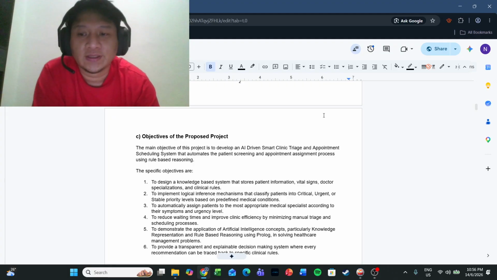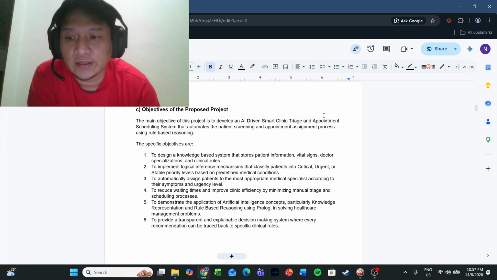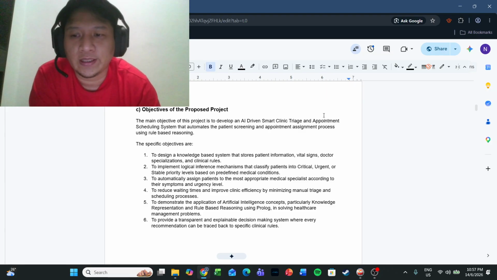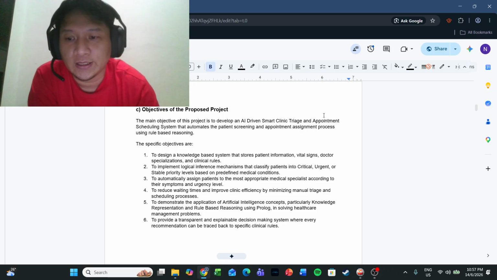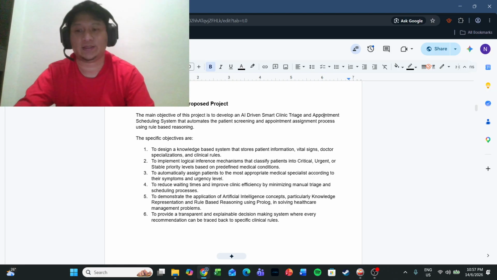Based on these rules, the system classifies patients into three categories: critical, urgent, or stable. After determining the priority level, the system automatically assigns the patients to the most suitable doctor or specialist.